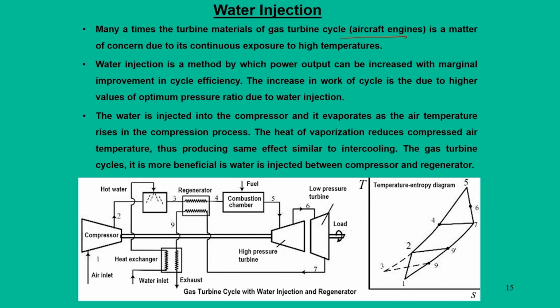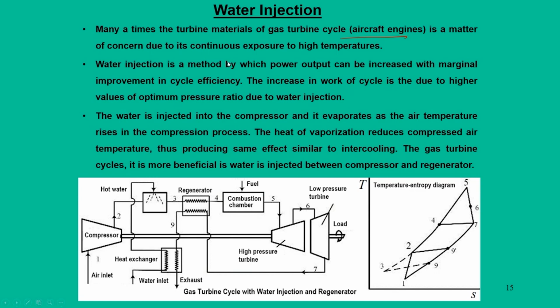So, there is a thermal endurance issue, and the turbine materials have to be chosen carefully, that is one aspect. But even if the material is chosen, while implementing we can use this concept of water injection to cool these turbine materials. Thereby we can partially improve the net work, as well as increase the life of the turbine blades.